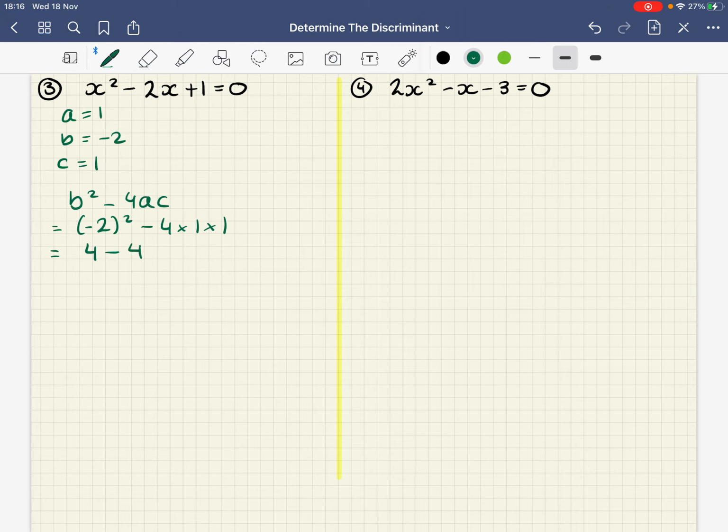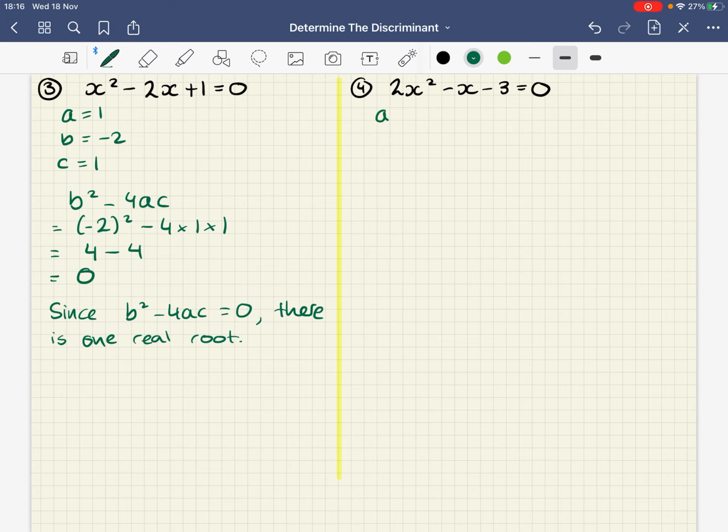And then 4 take away 4 is just going to give me 0. So then since b squared minus 4ac equals 0, there is one real root.